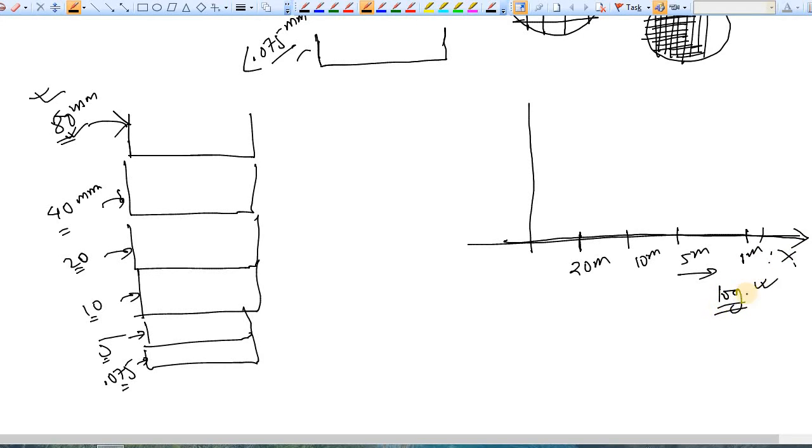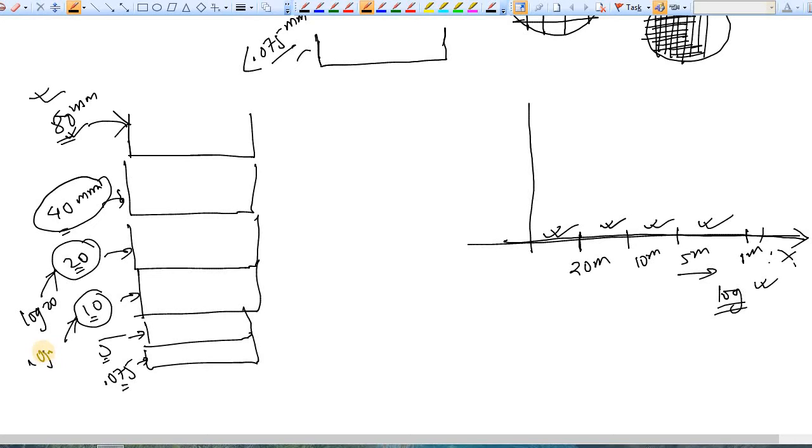So to make equal spacing, the values should be such that when you take log 20, log 10, log 5, the interval between them is more or less equal. You can check it. Log 0.075, the interval between them is more or less the same. That's why you get equal spaces between them. So this is the logic behind the sieve sizing.